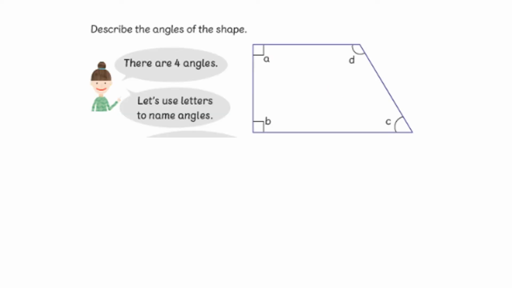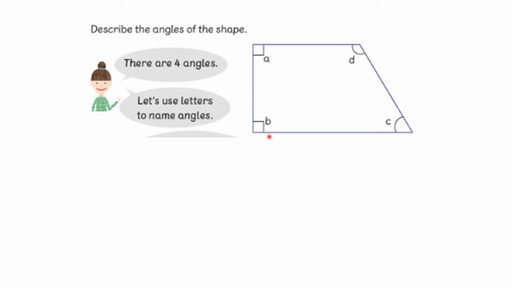Great job, Year 3. Let's have a go together at describing this quadrilateral. My friend from Maths No Problem has suggested we start by describing the angles in the shape. She says that there are 4 angles and we've named them to help us describe them.